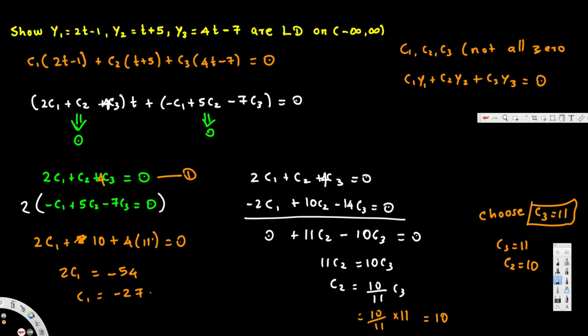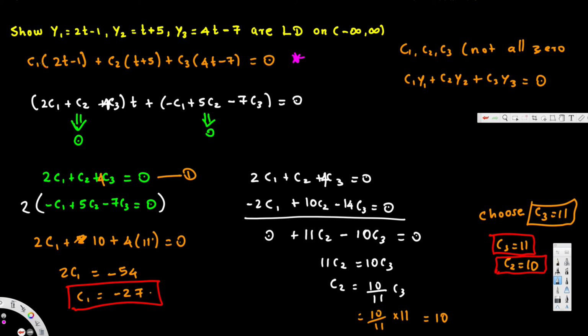So these are the three constants that make this equation 0. Since we are getting constant multiplication, and when we add it, it becomes 0, it means this is linearly dependent. Now to show this to be 100% clear, let's put C1, C2, C3 in this equation and see whether we get 0.